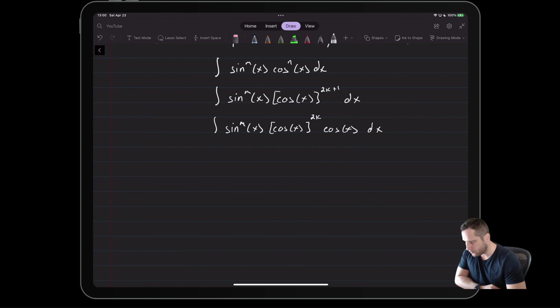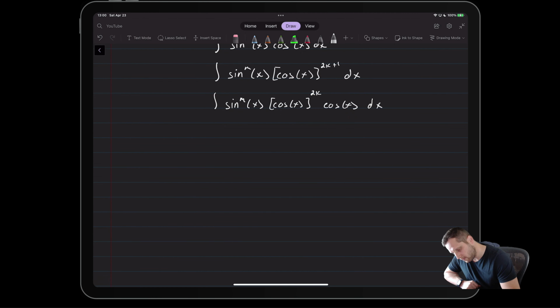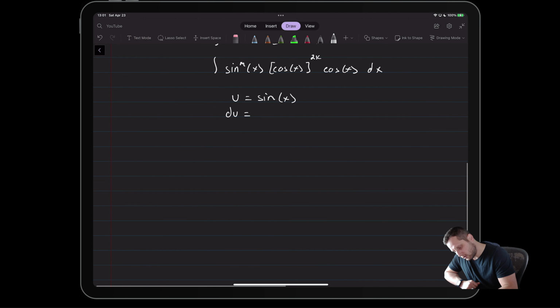Now, what you do here is choose u equal to sine x, so du is equal to cosine x dx.